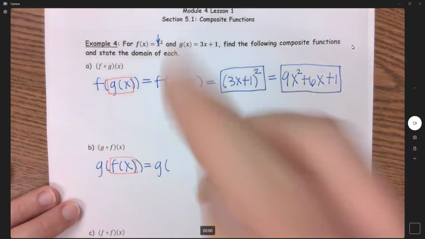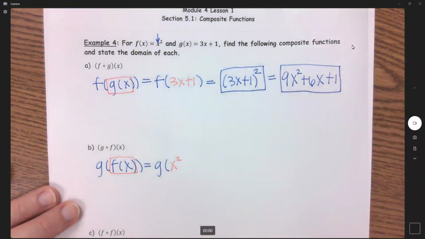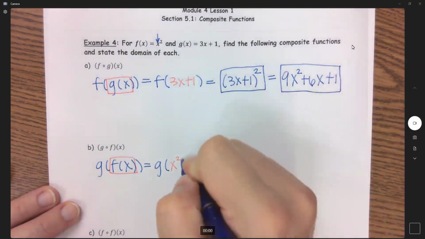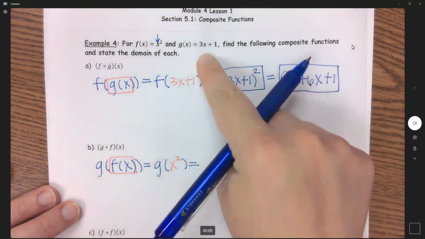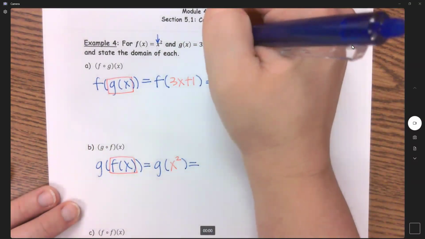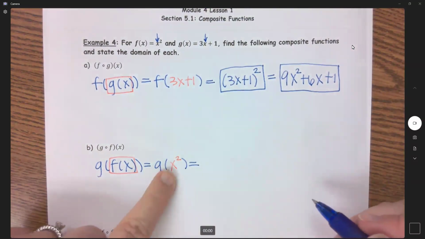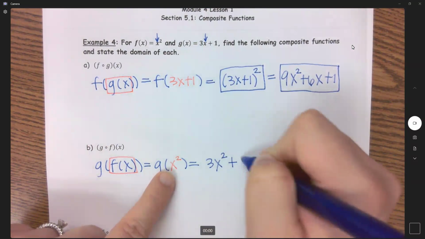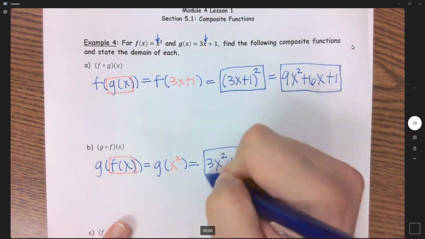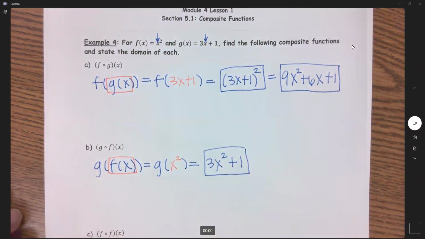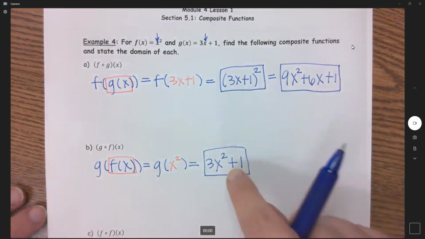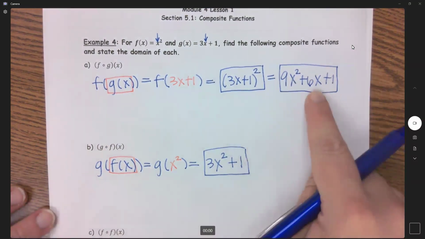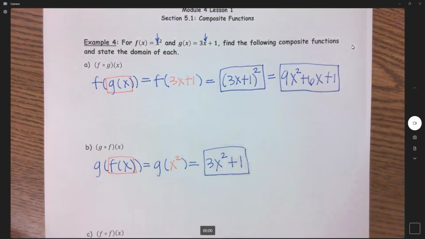My f of x is x squared. So now go to your g of x and replace this x with what we have in parentheses. So now we have 3x squared plus 1, and there's nothing I can do to this. So we are done. As you can see, these are very different.